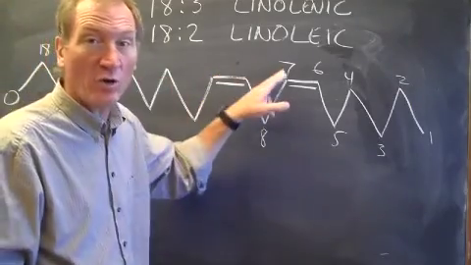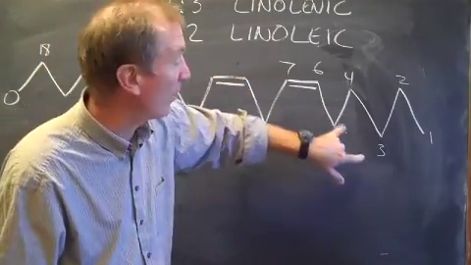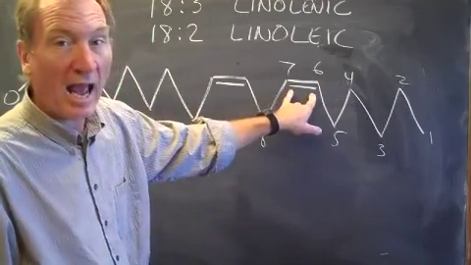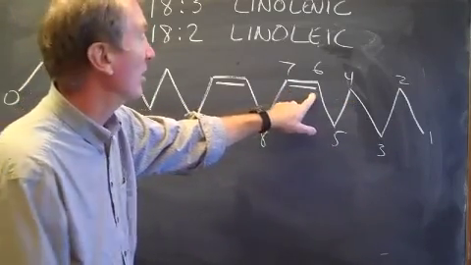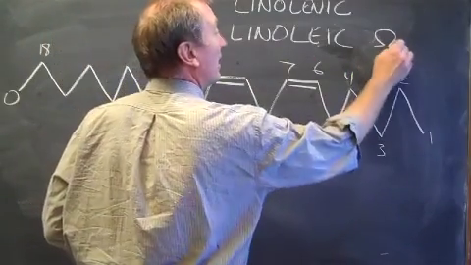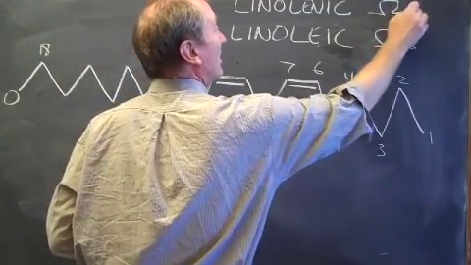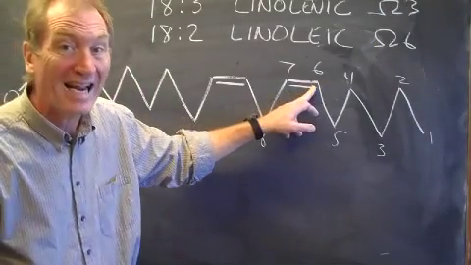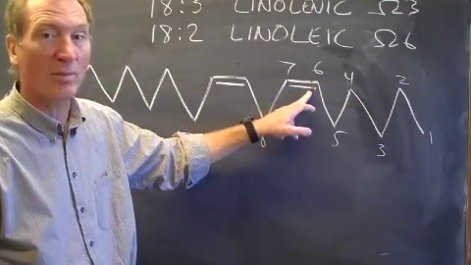But this is not an omega-3 because there's no double bond between the 3 and 4. The first double bond is at the 6th carbon. So linoleic is an omega-6. Linolenic is an omega-3 because the double bond in linoleic happens at the 6th carbon.